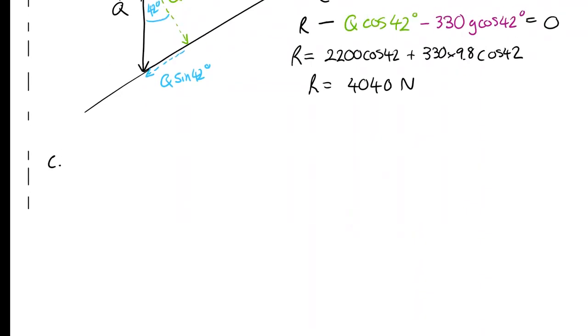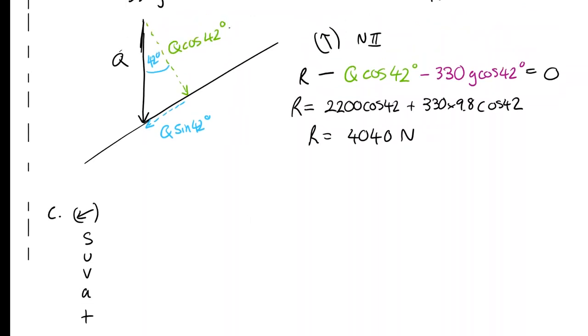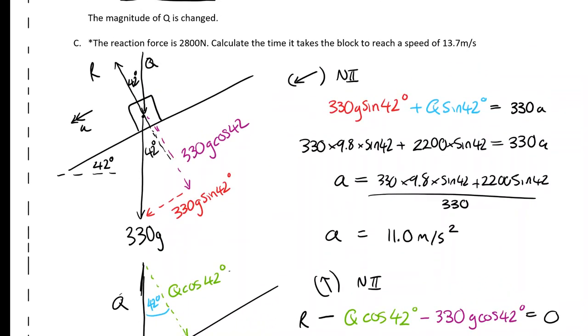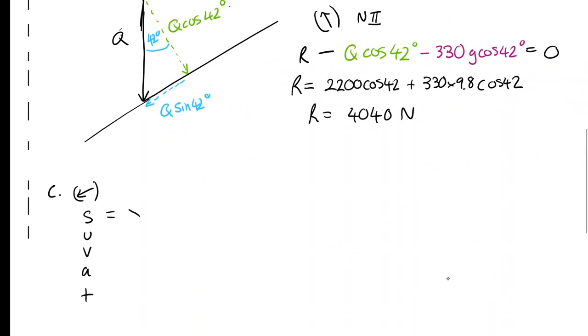So we're looking at SUVAT, S-U-V-A-T. We know that this accelerates down the slope from previous parts. There's no Q applied in this direction. There's no way it could ever cause acceleration up the slope. The distance we don't know and probably won't work out. The initial speed is 0. This starts from rest.